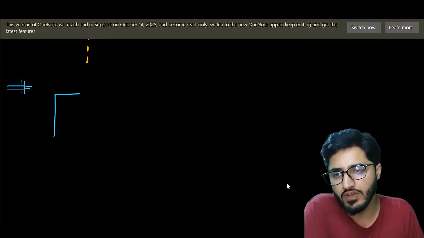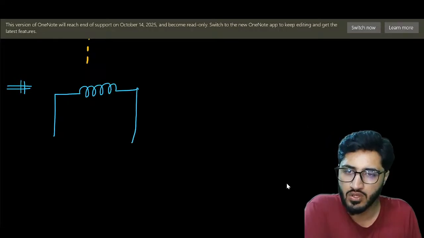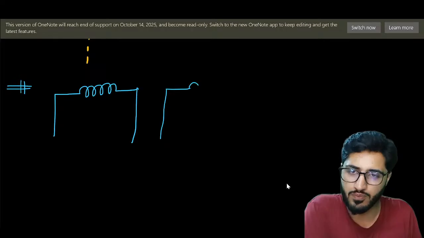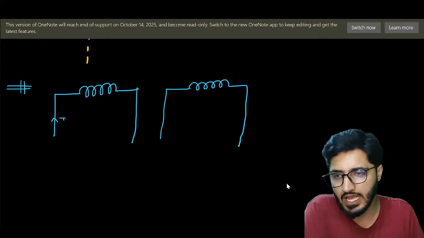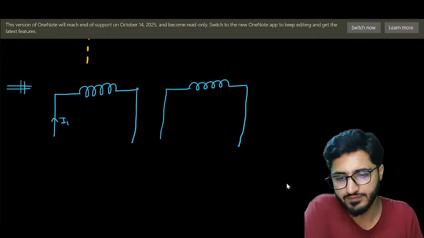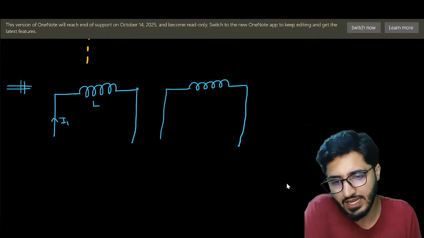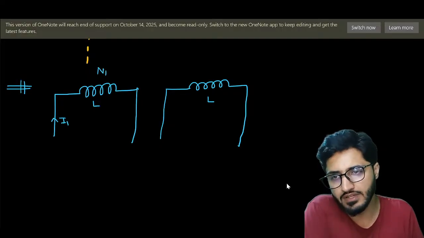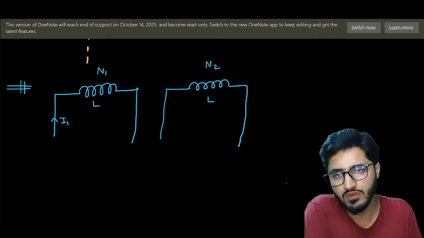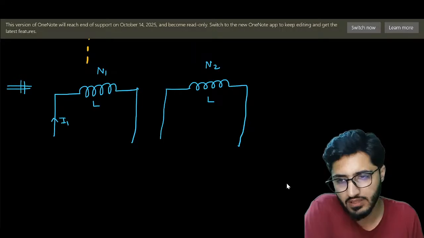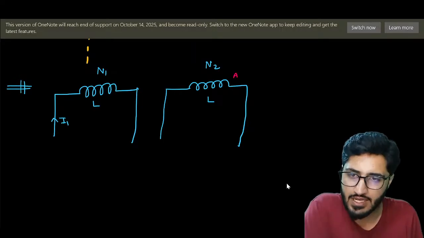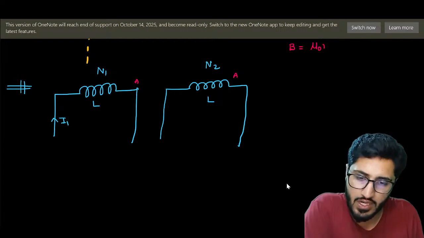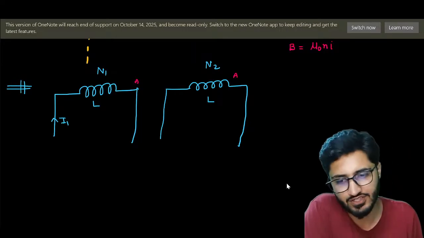So look here, we have a primary loop and here we have a secondary loop. Current I1 is flowing through this one. Length is L, number of turns are N1 and N2, area is A. What is the magnetic field? Is it mu naught N I?